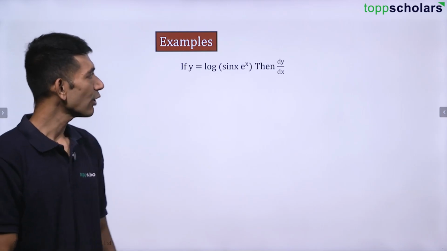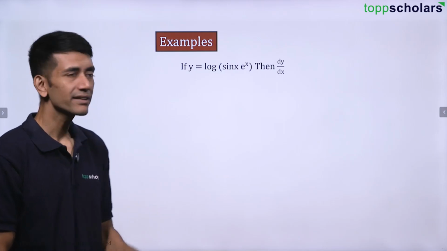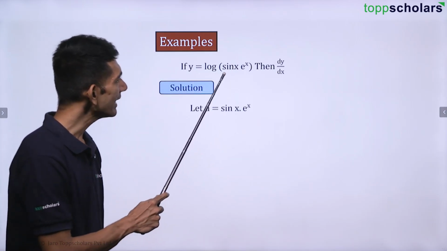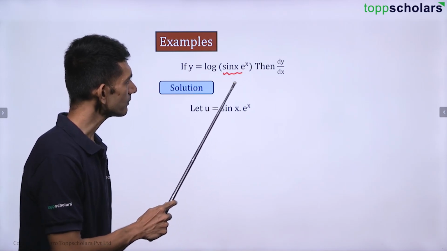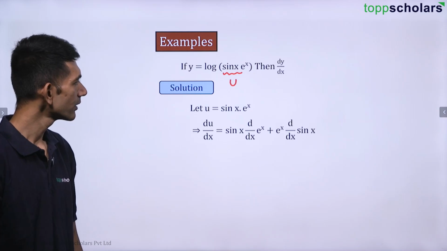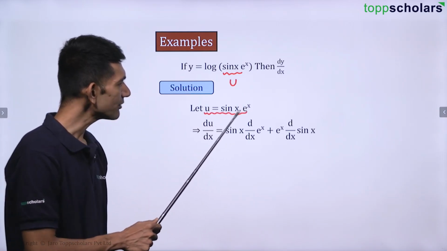Now again, we have log of sin x e raised to x. So we have log, we have sin x, we have e raised to x, right? So let this part be u. So this becomes log u, right? So u is what? u is sin x times e raised to x.